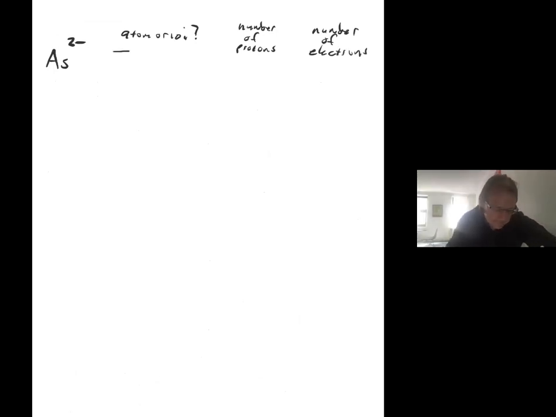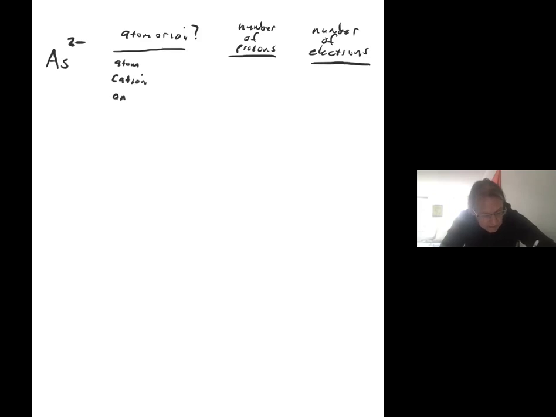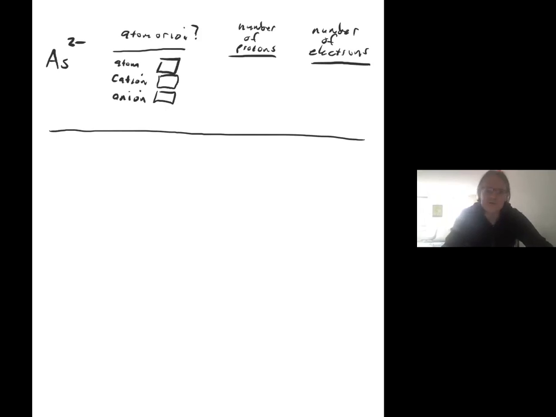Actually, I'm sorry, they give you 3 options: is it an atom, a cation, or an anion? So there are 2 different types of ions. That's an easy issue, though. We can deal with that easily.